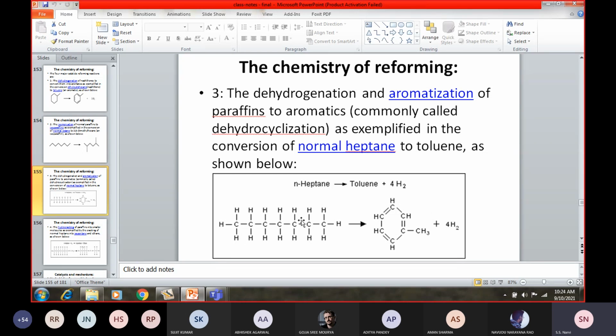From 0 octane number, it gets converted into a molecule that is toluene, which is having very close to 100 octane number, isn't it? So that is the change.